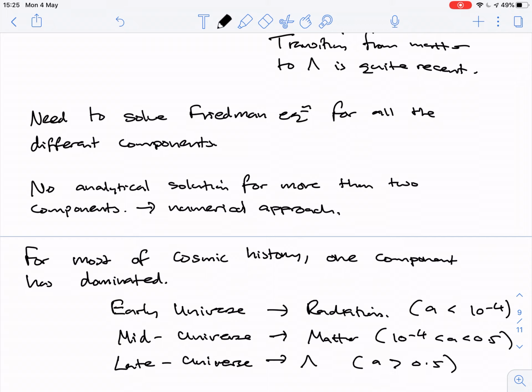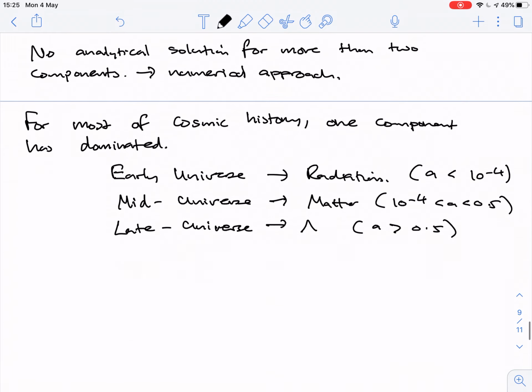And so, although in principle there are places where you really have to worry about the contributions of all three and solve them, there is actually a much simpler solution, which is to say what we can actually worry about is just the relevant component at each of these epochs.